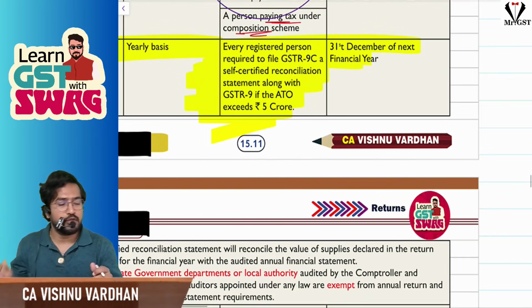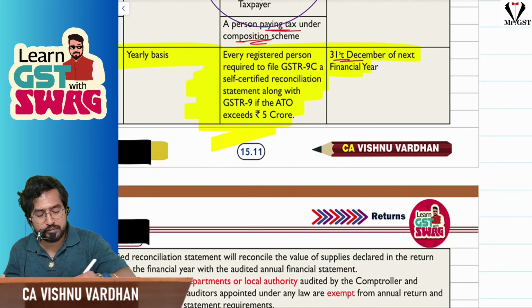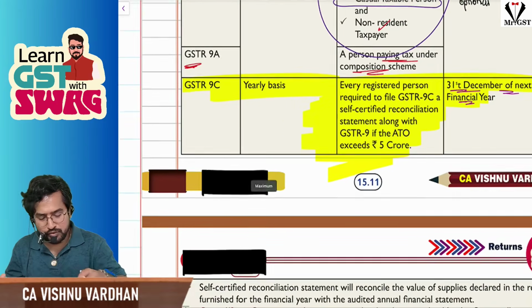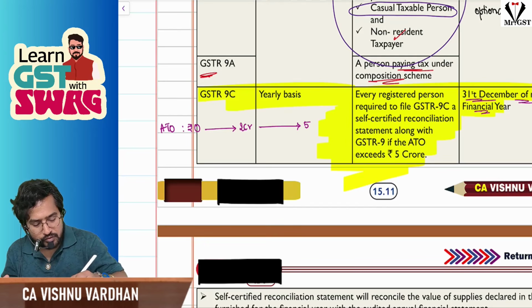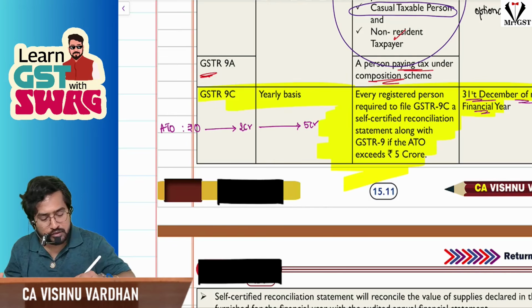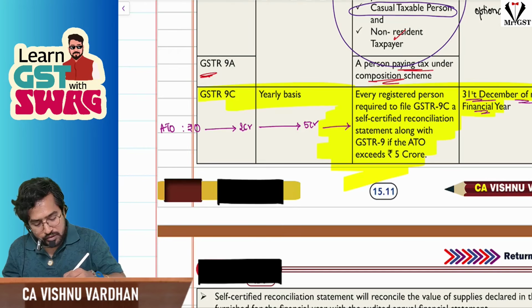9C will come into the picture only when aggregate turnover is greater than 5 crores. What is the due date? Now if you see here, aggregate turnover 0 to 2 crores: nothing is mandatorily applicable for you.